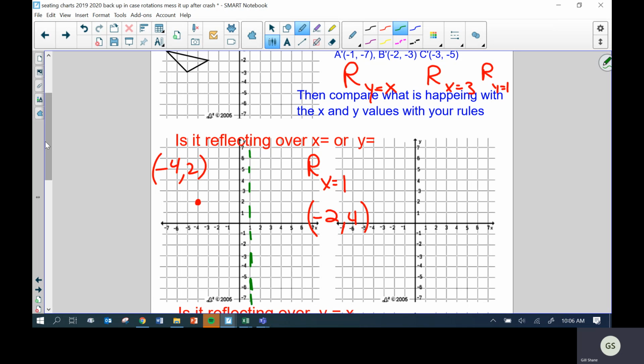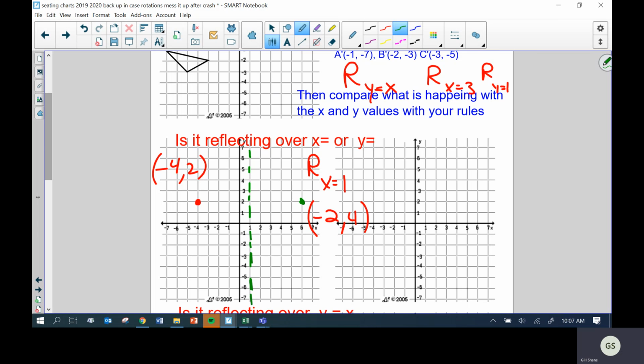We're reflecting it over this green dashed line. So again, I need to figure out where would that reflected point be? Well, it needs to be perpendicular to that mirror line or that line of reflection, and it needs to be the same distance. 1, 2, 3, 4, 5. 1, 2, 3, 4, 5. So it'd be right there.